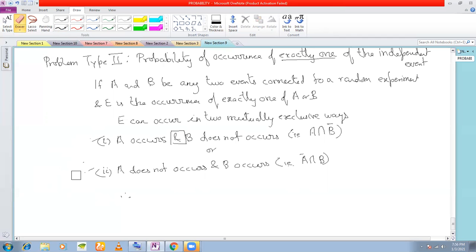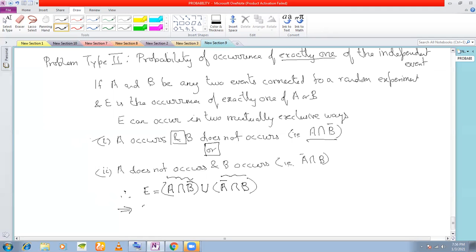That is why they are called mutually exclusive. And when events are mutually exclusive, we can add the probabilities. Therefore, E equals A intersection B complement, and because of this OR, a union, A complement intersection B.